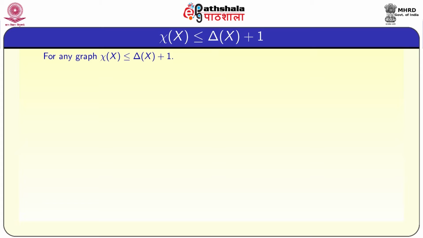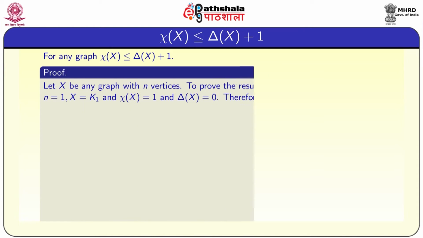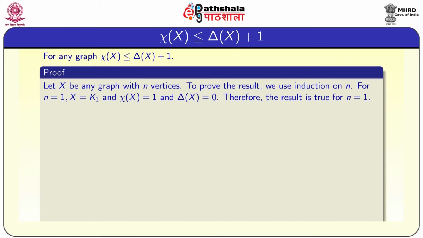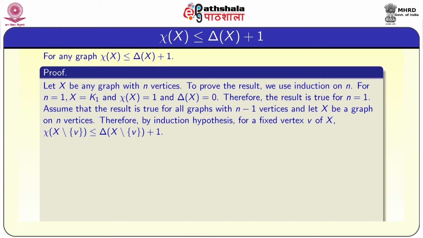So, for any graph we have the chromatic number of X less than or equal to delta of X plus 1. Let X be any graph with n vertices. To prove the result, we will use induction on n. For n equal to 1, X equals K1, the chromatic number of X equals 1 and delta of X equals 0. Therefore, the result is true for n equal to 1. Assume the result is true for all graphs with n minus 1 vertices, and let X be a graph on n vertices.